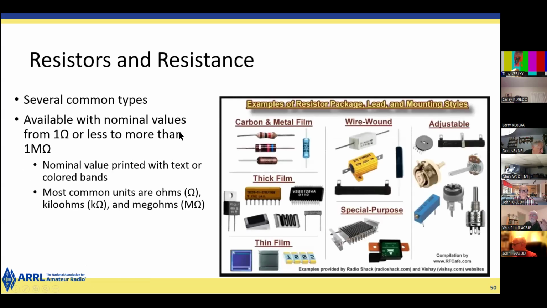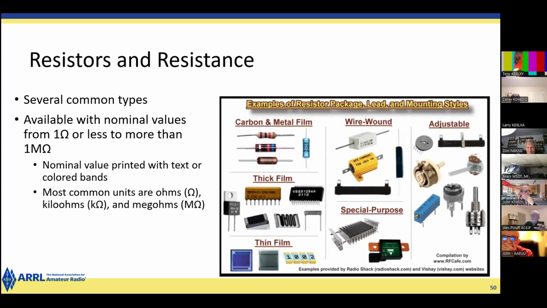There are several common types, and the ones you'll see most commonly are in the upper left of the image there, carbon and metal film resistors. So a carbon composition resistor has graphite in it, sort of like pencil lead, and depending on the composition of the filler there, the resistance can be higher or lower.